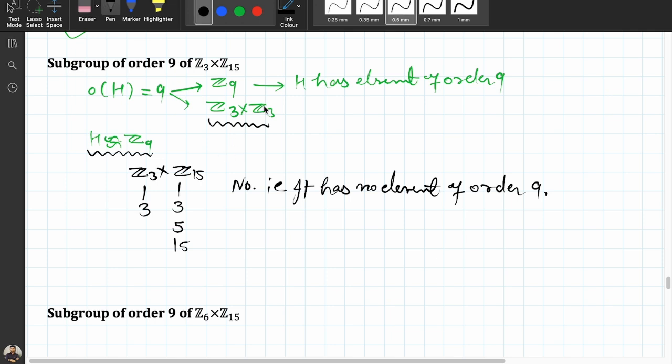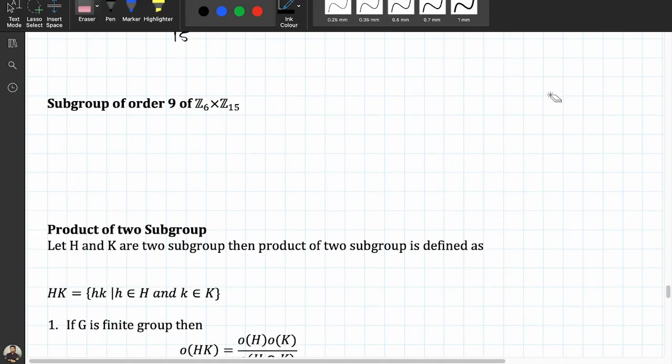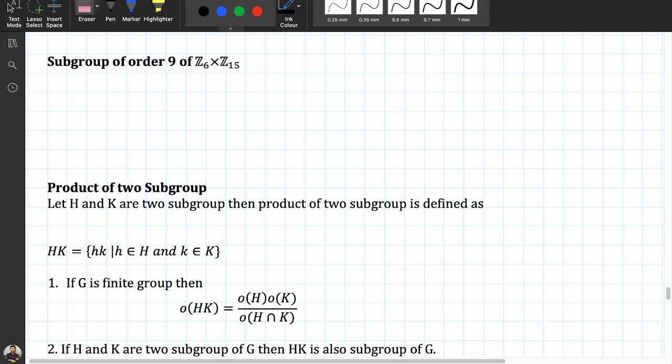Okay, so H is something like this, but it does not have 9. So it means it does not have any subgroup of order 9. Okay. Next. What about order 9 in Z6 cross Z15? So from here, H is equivalent to Z9 or equivalent to Z3 cross Z3.